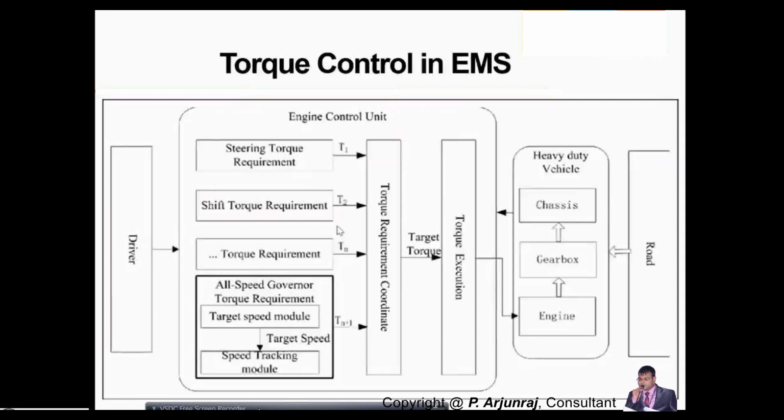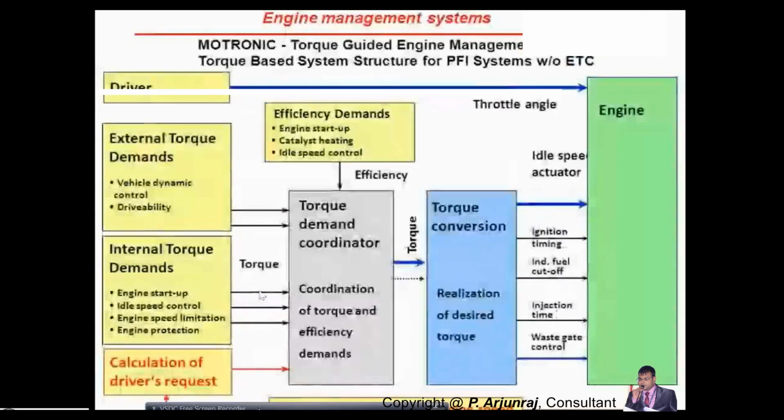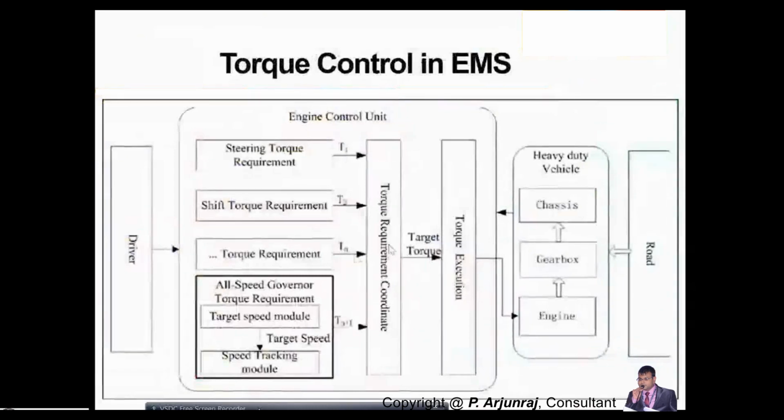For example, first gear, second gear, third gear, fourth gear, fifth gear, or sixth gear, whatever it is. With respect to different gears, the torque will also vary with respect to the engine as well as the vehicle. So with respect to the complete vehicle, even the shift torque requirement is given as an input. In the previous case, you were considering only the engine, but here it is the engine along with the shifting of the gears as well. Even this is taken as an input.